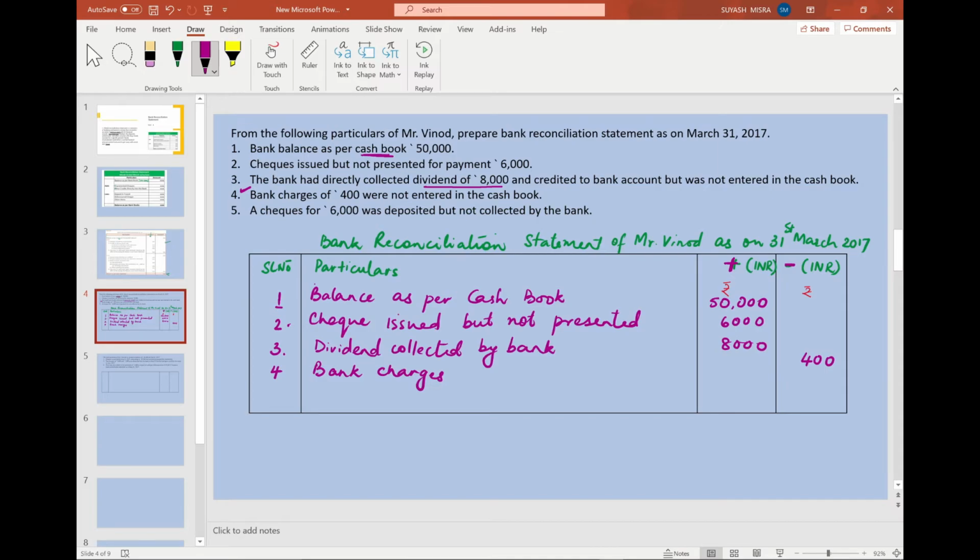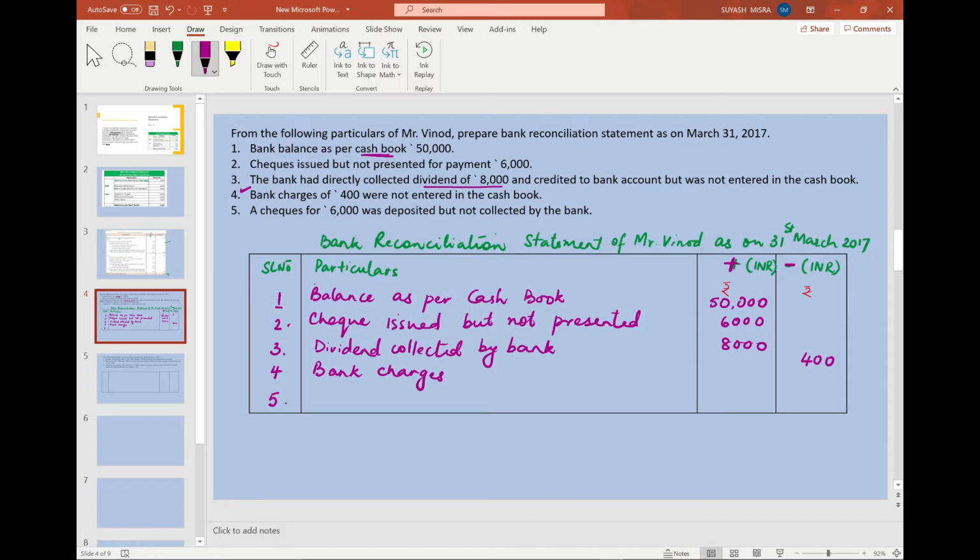Next one is a check of rupees 6,000 was deposited but not collected by bank. So this was deposited but not collected. That means we had deposited, Mr. Vinod had deposited this money, but bank has not yet reflected. That means bank has not collected yet. So my deposit is showing more. That means my bank balance, Mr. Vinod's cash book is showing more.